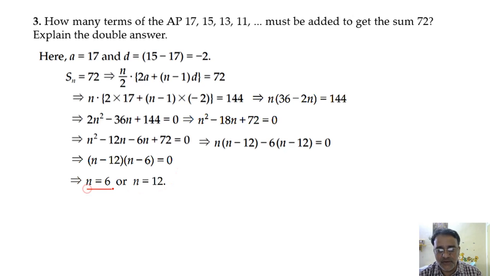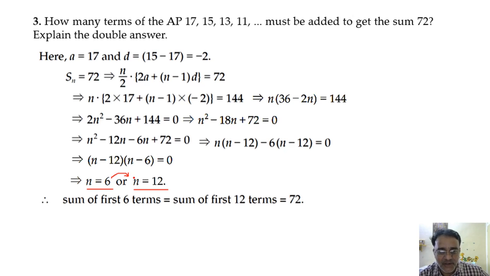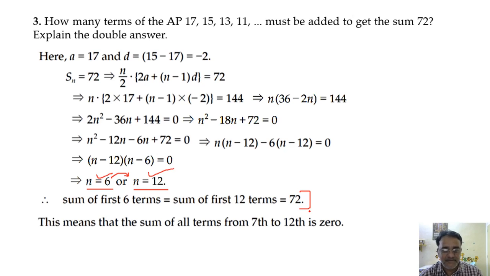So we are getting two values. Are these consecutive numbers? No, sir. This means that after 6 terms there are 6 more terms, and the sum of those 6 terms is 0, which we have to show. Sum of first 6 terms is equal to sum of first 12 terms, which is equal to 72, and this is possible only when the sum of the last 6 terms is 0.